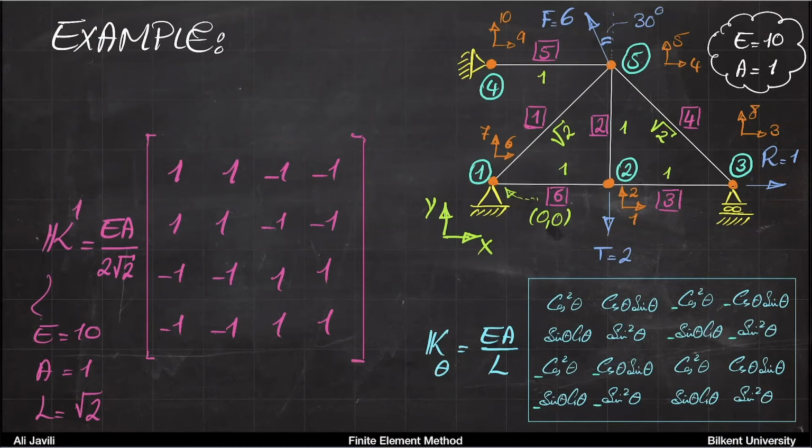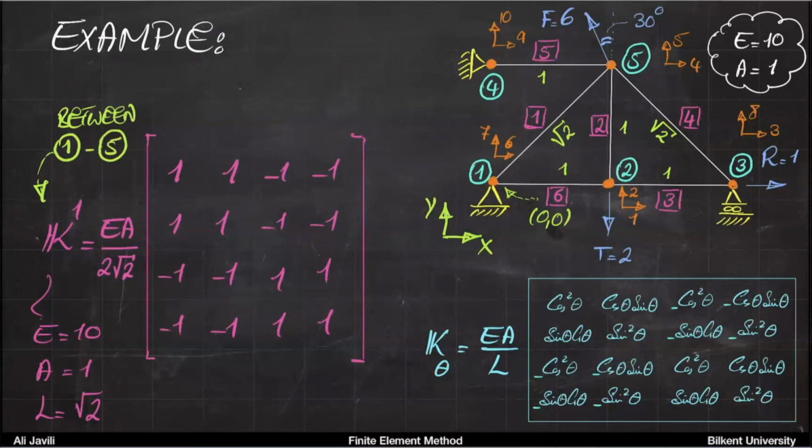So let's say element 1, remember we said it's between nodes 1 and 5, right? So this is between, and I draw the circle, 1 and 5.